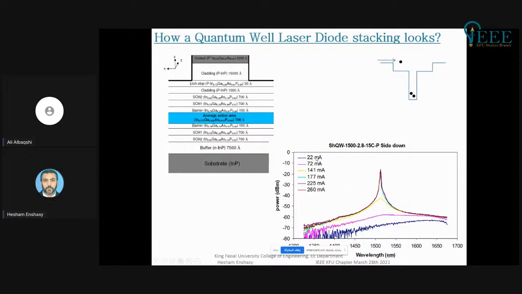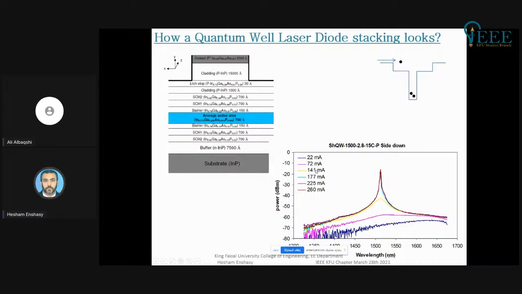This figure shows that as you change the injection of the current to the laser, you can see the effect. Basically at 22 milliamp, there is no lasing. At 72 milliamp, it starts to show some hump here.